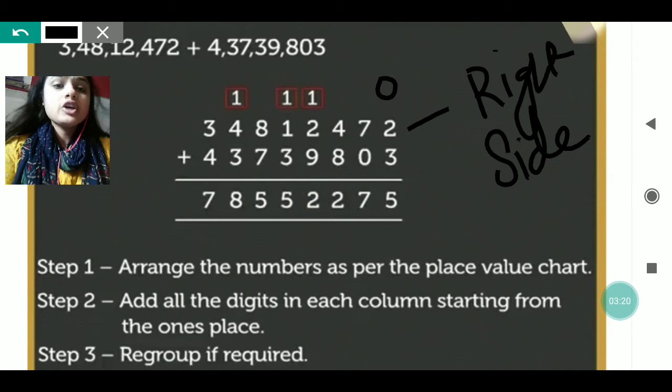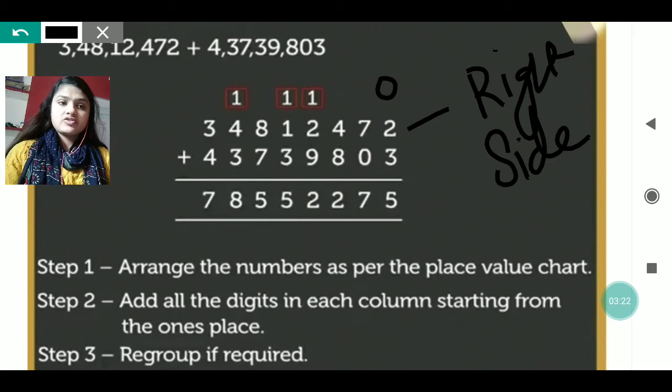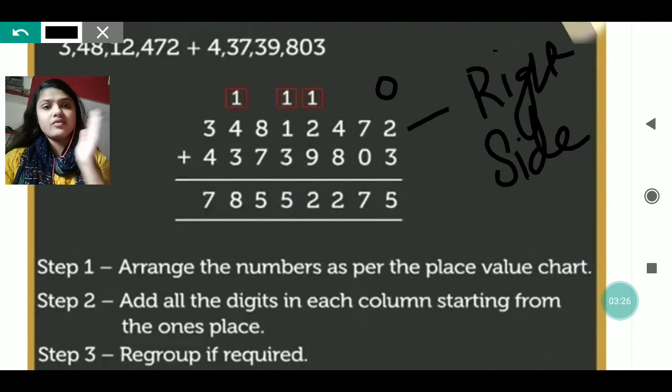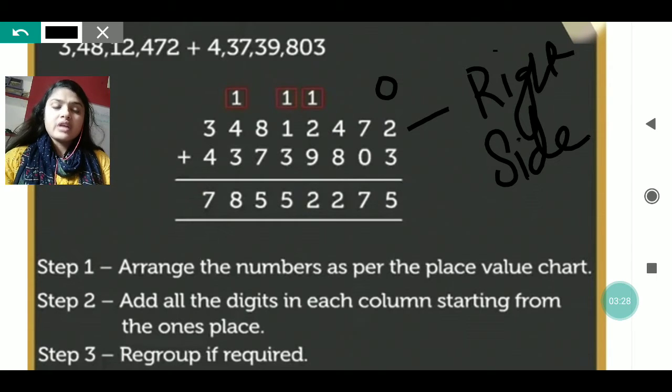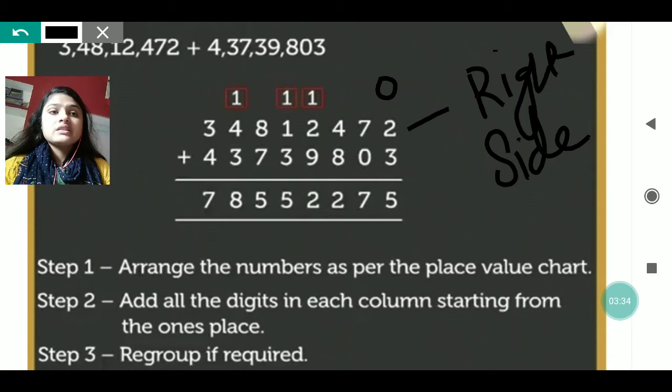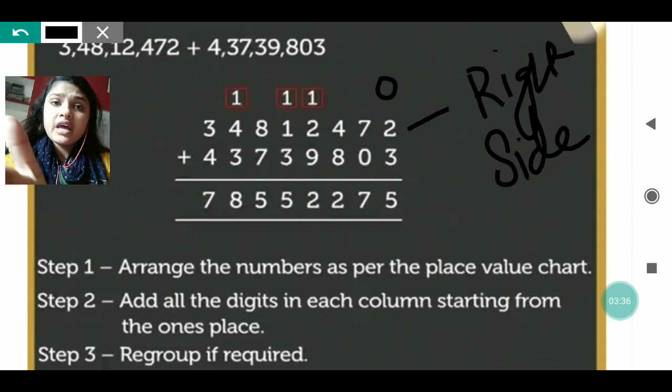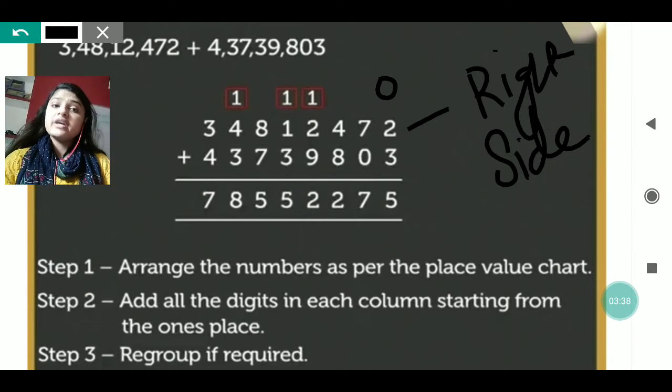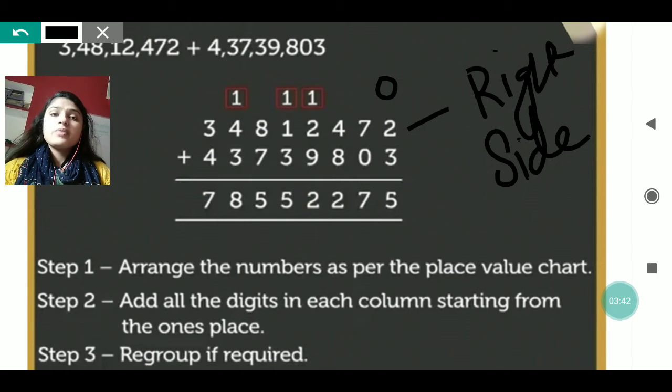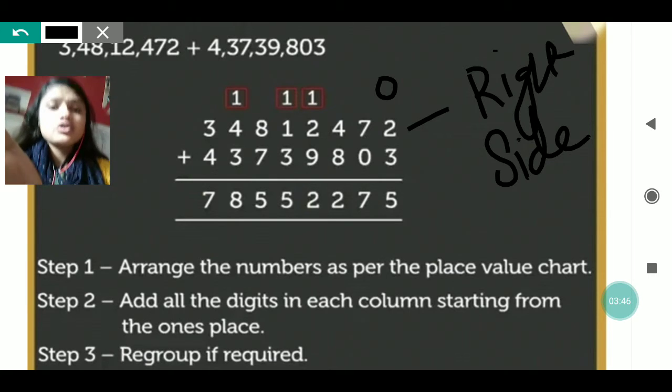This is the right side. So we will start from the extreme right, the first number. That first number is 2 and below it is 3. So 2 plus 3 we get 5. 7 plus 0: any number added with 0, we get the number itself. So 7 plus 0 is 7. 4 plus 8 you will get 12.